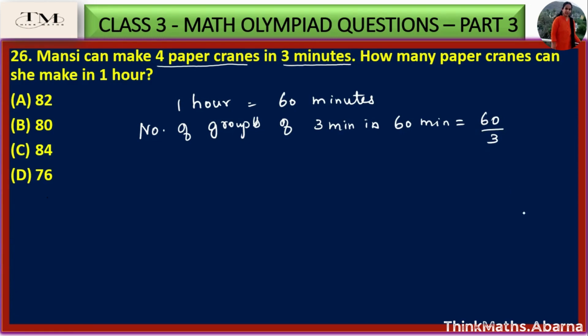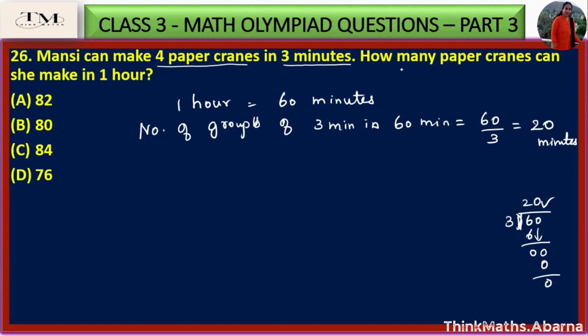How much is 60 by 3? 3 twos are 6. 6 minus 6 is 0. Bring this 0 down. 0 divided by 3 is 0. So it is 20. So 60 minutes can be divided into 20 groups. In each group there will be 3 minutes.